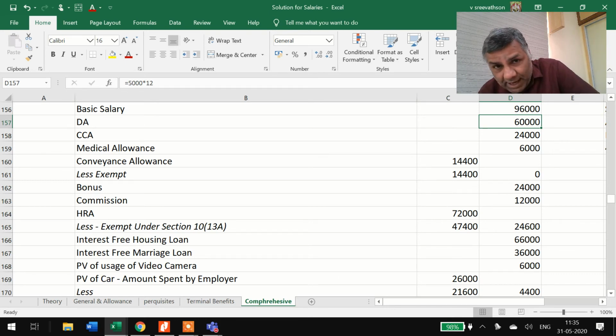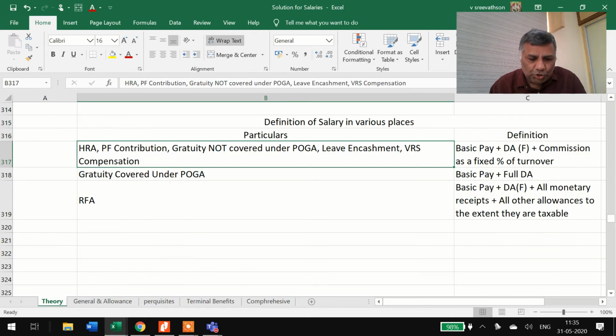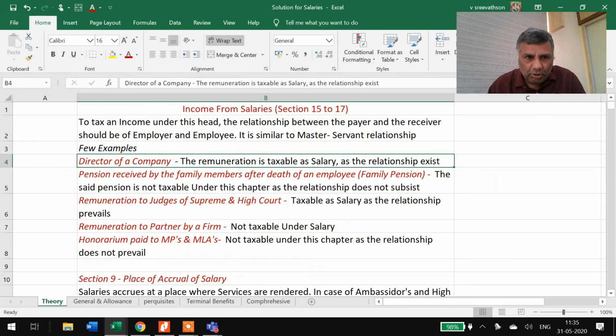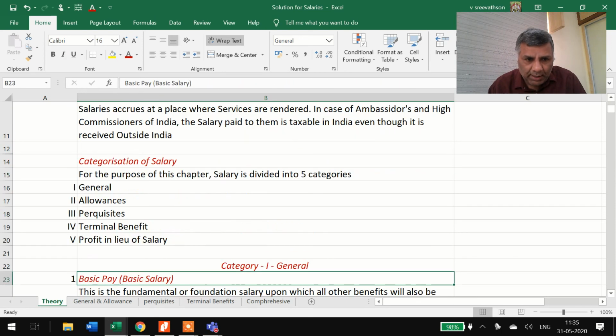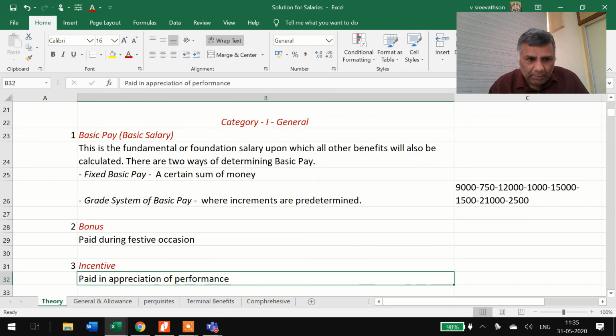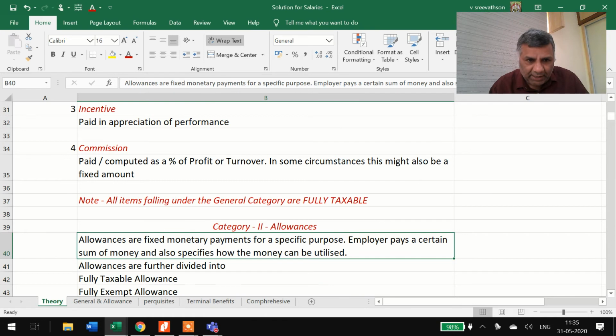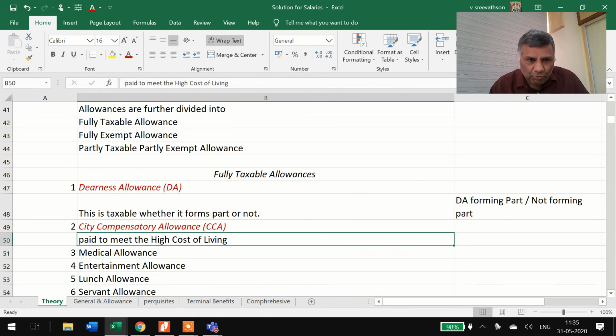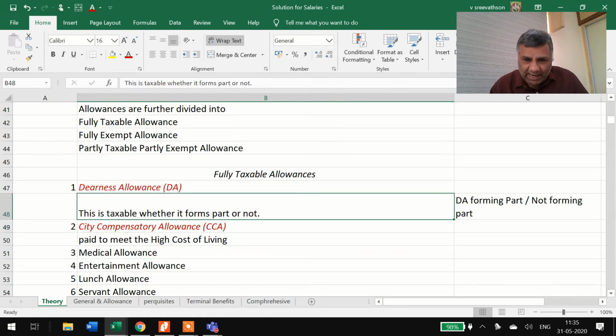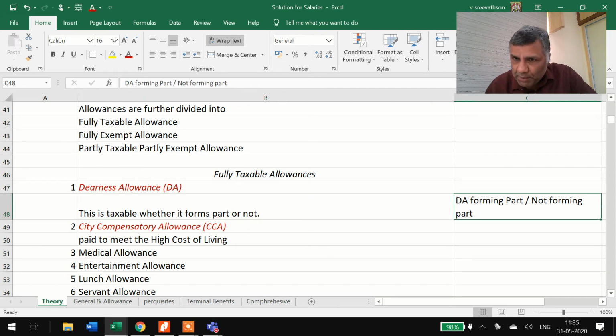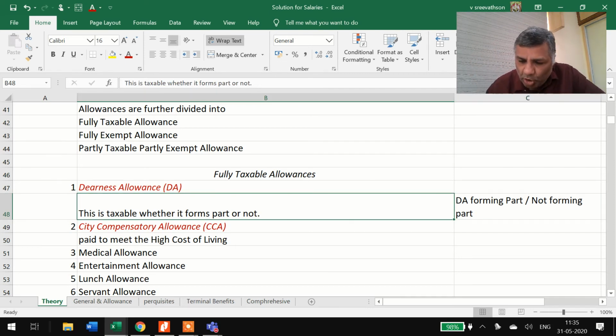Taxable is full DA. If you look at our theory also, in the general category of allowances, DA is fully taxable whether it forms part or not. There are two types of DA, forming part and not forming part. So where is this forming part coming?